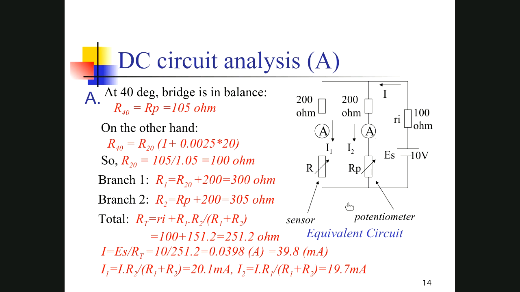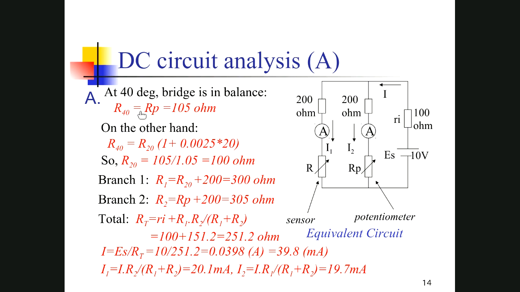Now we go back to the circuit analysis. So here we first look at arm 1. It is said that at 40 degrees, we have to adjust RP to 105 ohms so that the two branches are in balance.